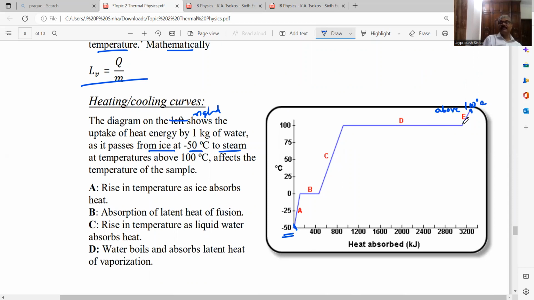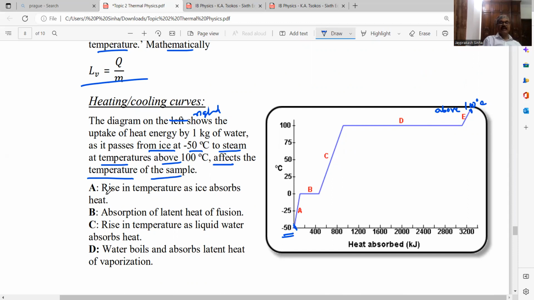At 100 degrees Celsius, the water boils, converting into steam. Above 100 degrees Celsius, water cannot remain in the liquid phase. It will be in the vapor or gaseous phase, also called steam.